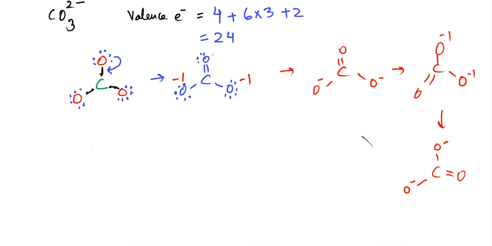Because if I mark all these oxygen atoms, suppose this is oxygen atom 1, 2, 3, 1, 2, 3, 1, 2, and 3, I cannot exactly say what the bond between carbon and oxygen number 1 is, because in the first structure we have a double bond, in the second structure a single bond, in the third structure a single bond.